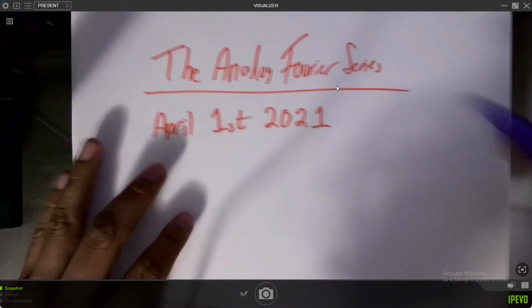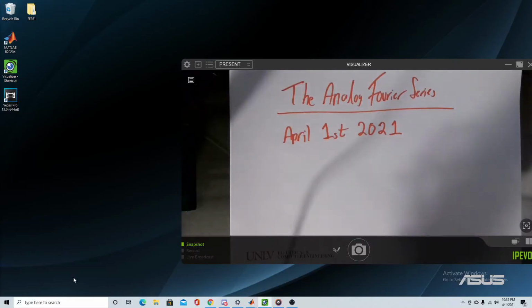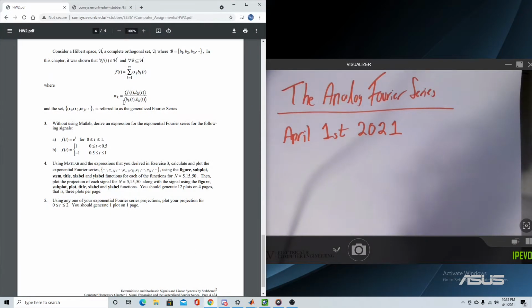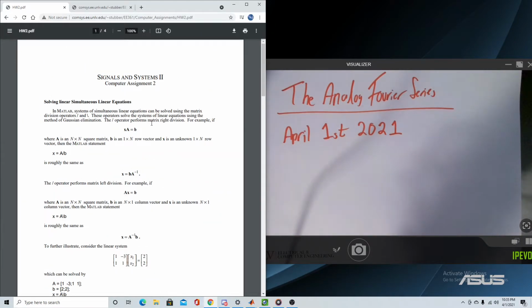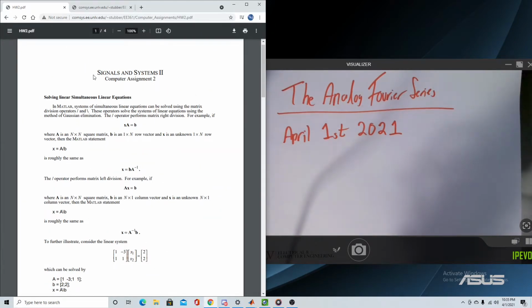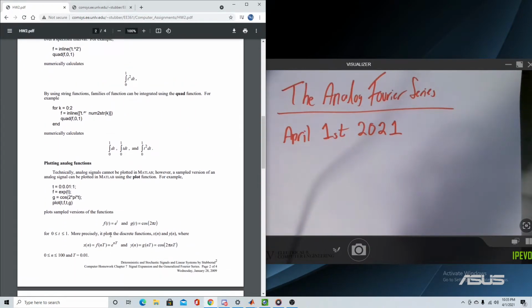But before we go over the Analog Fourier series, we have to go over something really related to that, and that is your assignment. I've already gone over it a little bit; the last video was me being pretty brief on how to start this assignment.